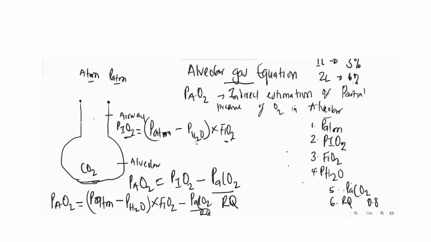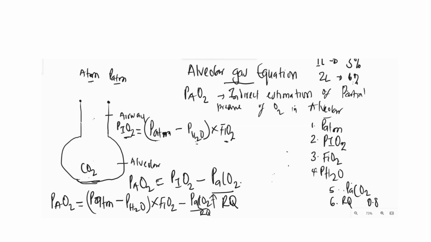If somebody has any condition whereby they are retaining a lot of carbon dioxide, like a patient who has COPD, a patient who is hypoventilating, or a patient who has any form of hypercapnic respiratory failure, then because of the increase in the partial pressure of carbon dioxide, that could further decrease the amount of oxygen that gets into the alveolar.